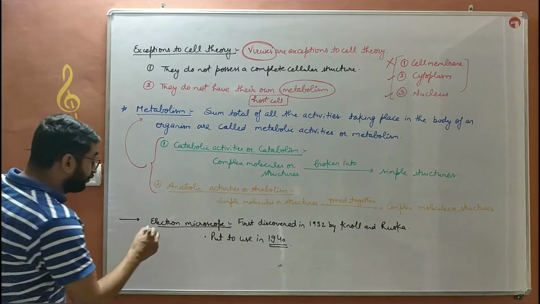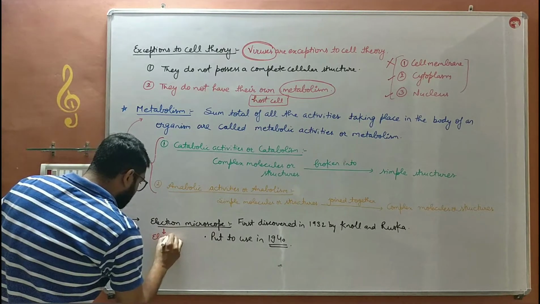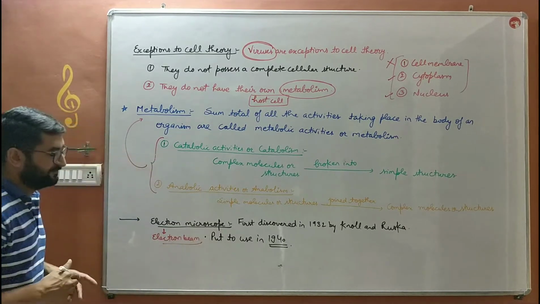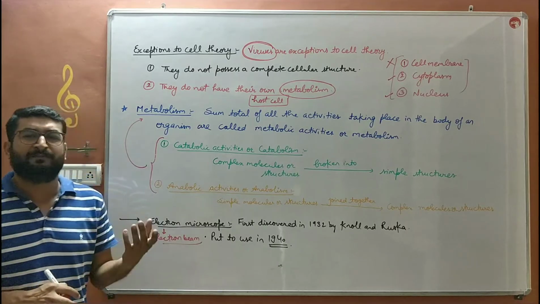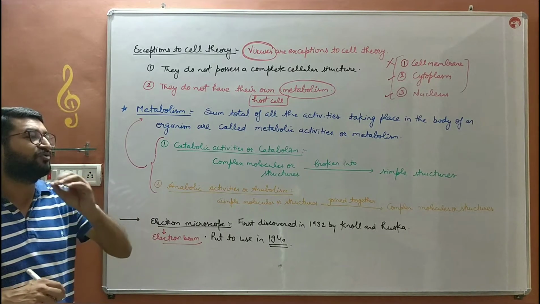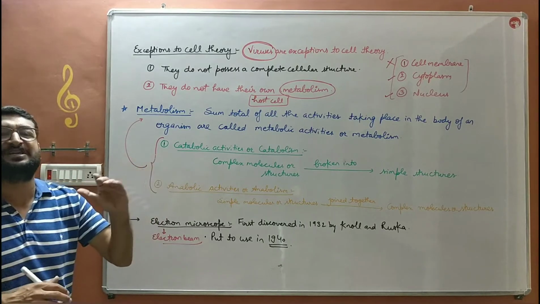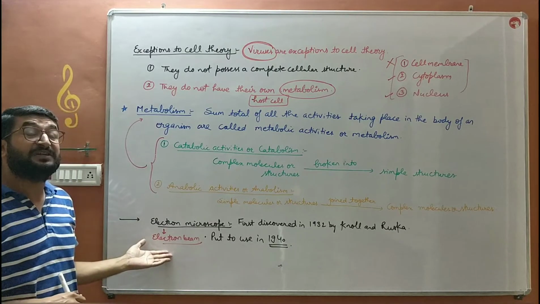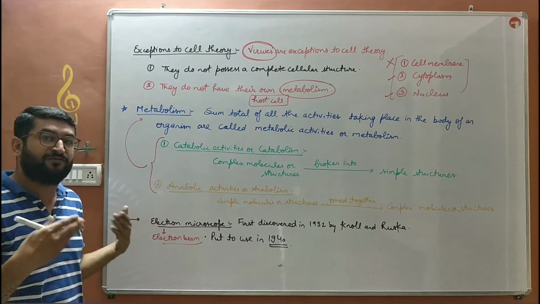It uses electron beam to magnify the object. Other compound microscopes use light energy. They use high speed moving electrons, which strike the object and magnify the image. It can magnify the image up to millions of times.